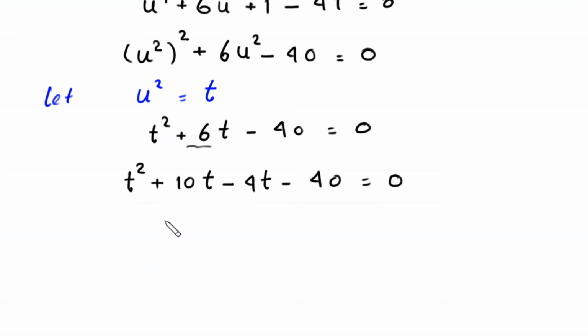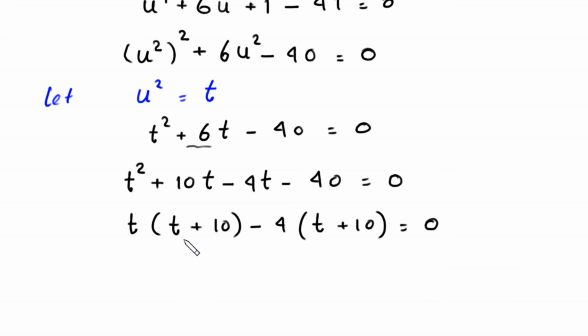From these two terms we can factor out t, in the bracket left t + 10, and from these two terms we can factor out negative 4, in the bracket left t + 10 equal to 0. And this t + 10 is a common factor, so we factor out t + 10, and in the bracket left t - 4 equal to 0.